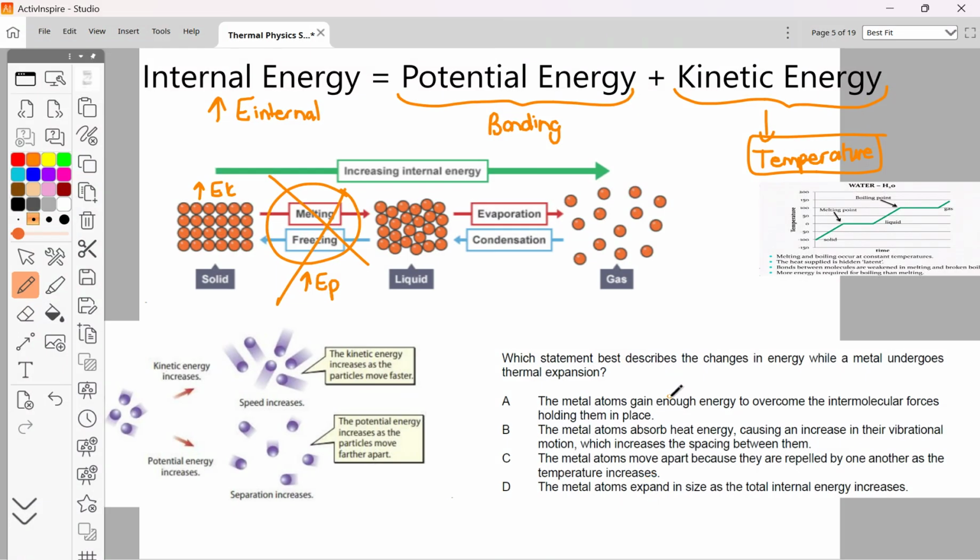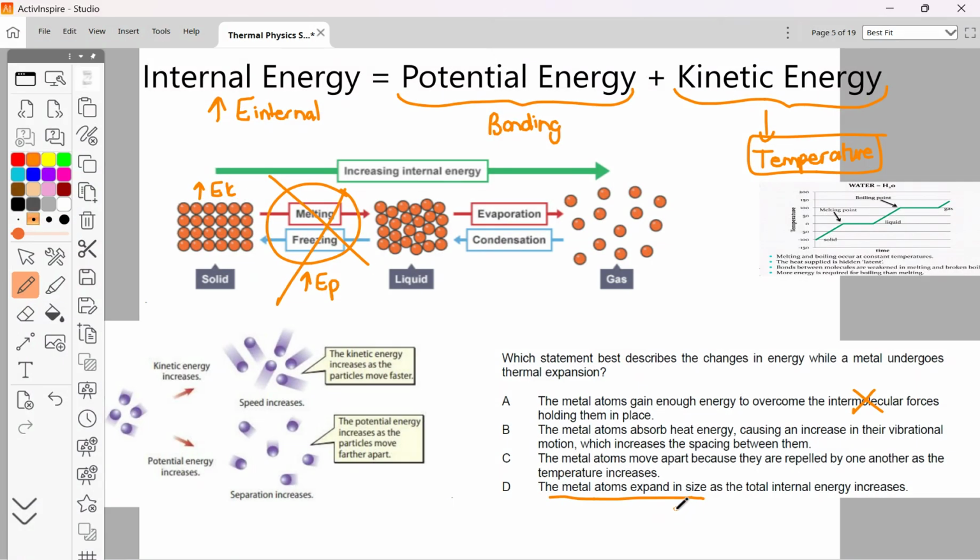So they are not overcoming intermolecular forces yet. So when you see something about intermolecular forces, you are going to ignore that. The atoms are definitely not expanding in size. Oh, that's something very important. Remember, the atoms are atoms. You are not breaking them or making them into other atoms. The atoms have a fixed size. The particles are not changing in size.